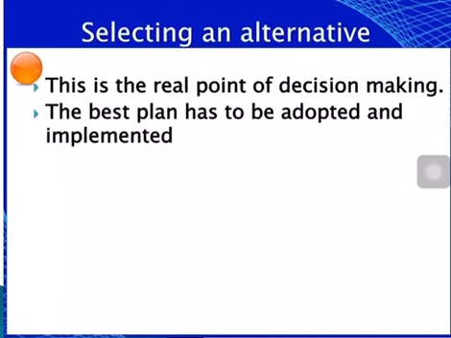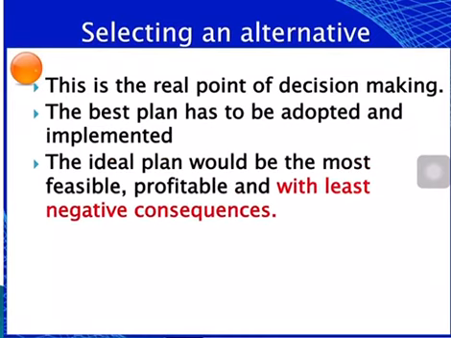The best plan has to be adopted and implemented. Then what is the best plan? The best plan would be the most feasible, profitable plan with the least negative consequences, meaning least disadvantages.